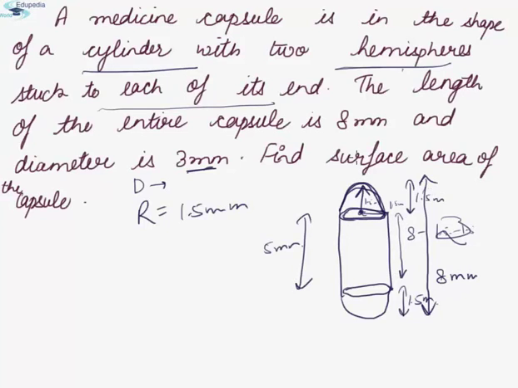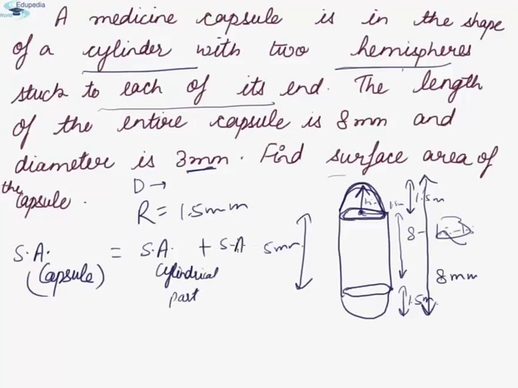Now friends, we need to find the surface area of the capsule. Surface area of capsule, where the subscript will represent the corresponding term or the corresponding figure taken into account. Surface area of the capsule will be surface area of cylinder or cylindrical part plus surface area of hemisphere.